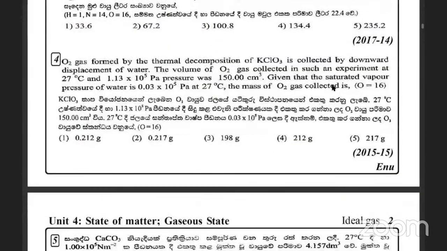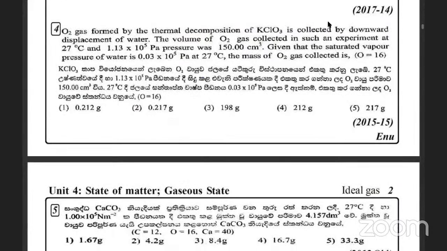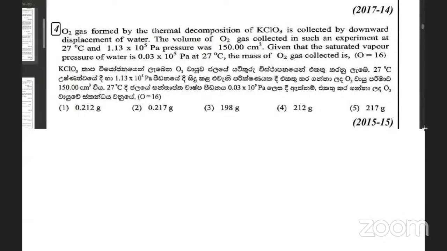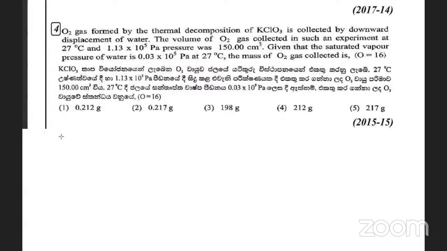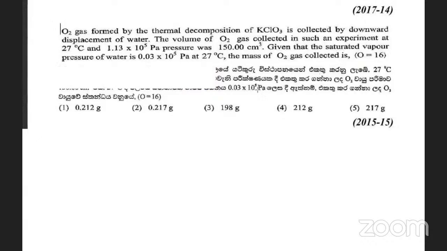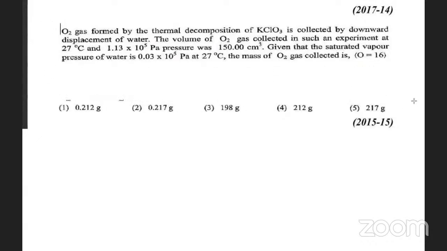Next question. It comes from 2015 and the 15th MCQ. A similar question, calculation part is also involved most probably. Oxygen gas formed by thermal decomposition of KClO3 is collected by downward displacement of water.